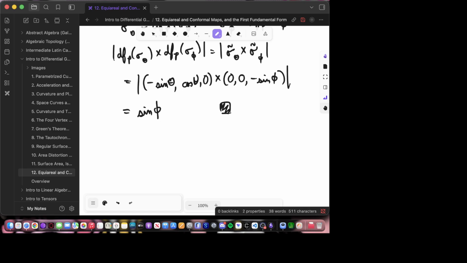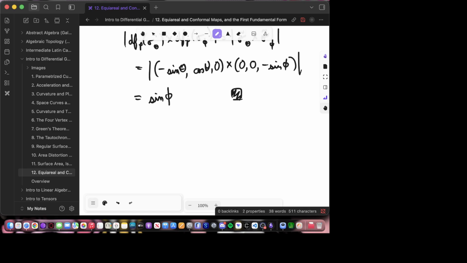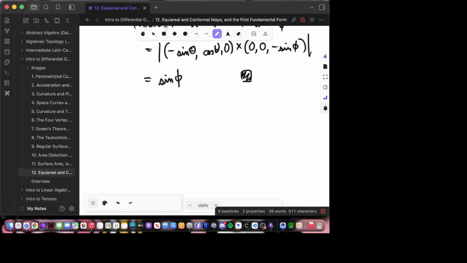Okay, so now we're going to talk about conformal maps. So let's say that we have S1 and S2 regular surfaces, and we have a diffeomorphism F from S1 to S2.